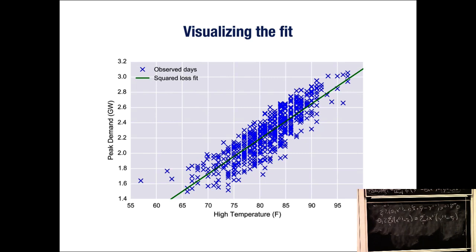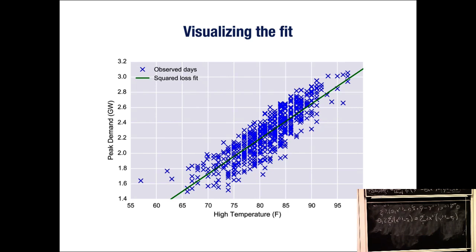So if I figure out what theta 1 and theta 2 are based upon these equations, and I plot the line over my data, it looks like this. What I'm doing here is essentially looking at every point.